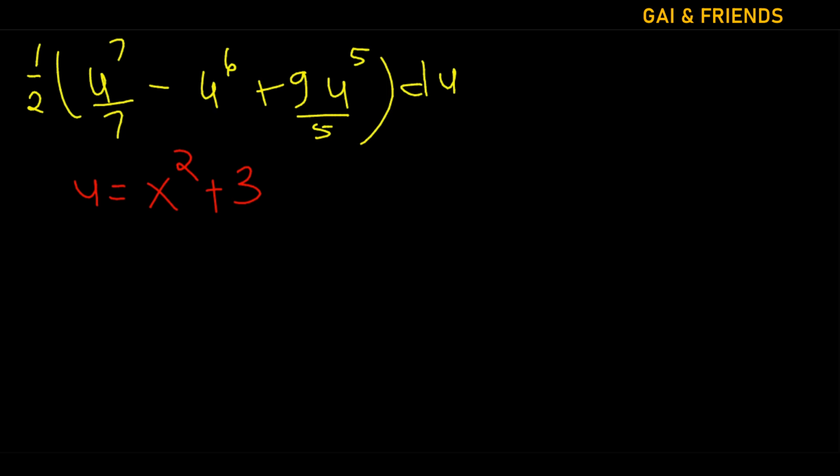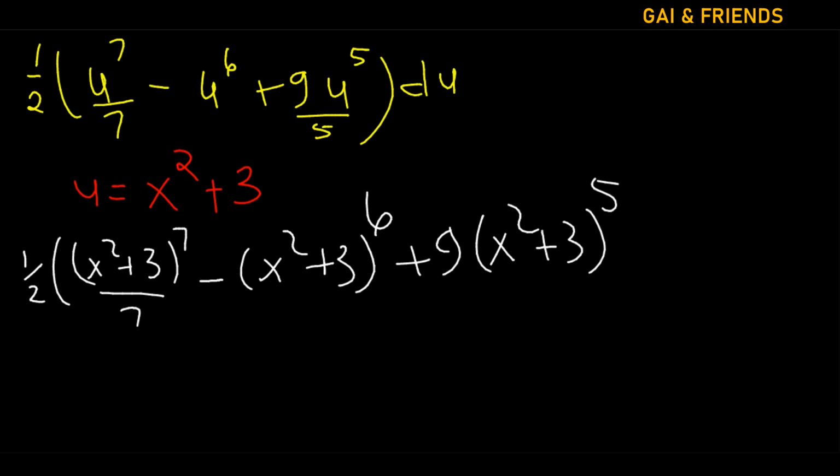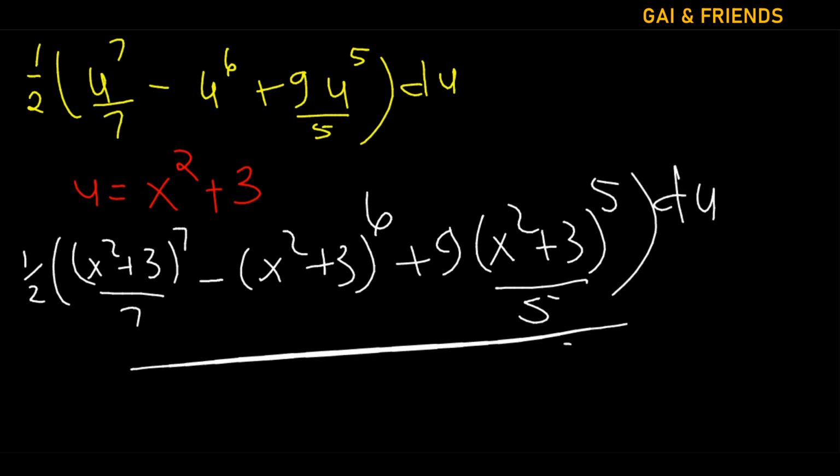It's going to be 1 out of 2 times x squared plus 3 raised to the power 7 out of 7 minus x squared plus 3 raised to the power 6 plus 9 x squared plus 3 raised to the power 5 out of 5. And you can pretty much stop here.